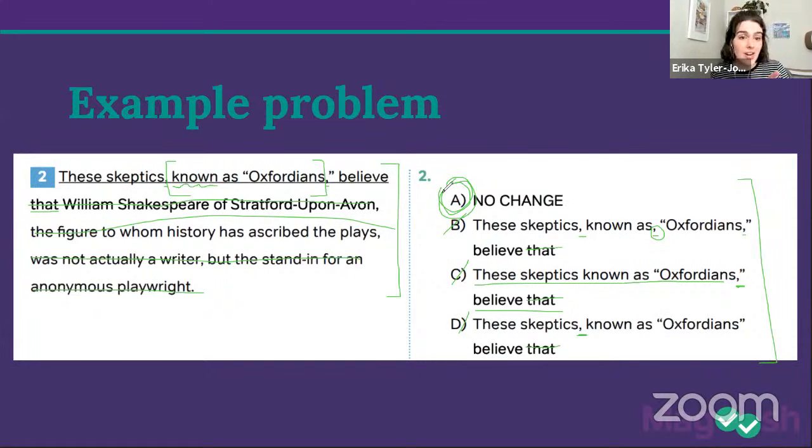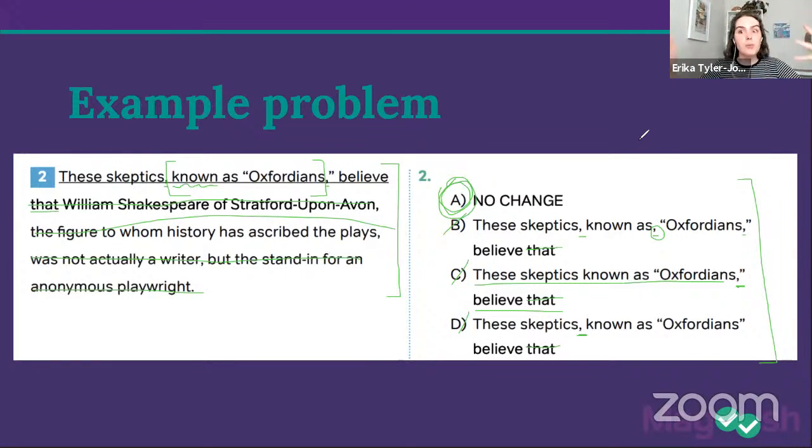Now notice here that they did not include an answer with no commas. These skeptics known as Oxfordians believe. Now that would be a much harder question, because there we would need to judge, do I need that phrase? Do I need to know that they're known as Oxfordians? Or do I just know which skeptics we're talking about?